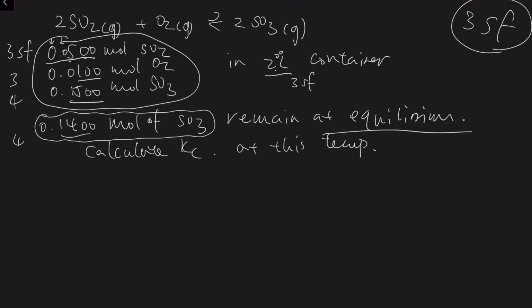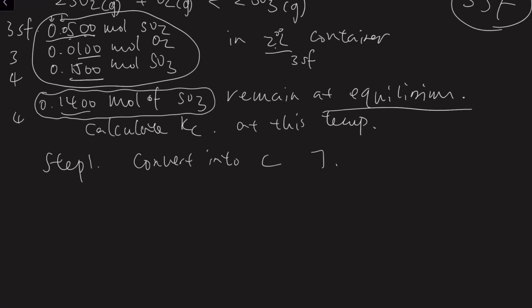So the first step, always remember the first step is convert everything into concentration. We do not care how many moles of this you have in your system. In order to use the concentration fraction or the equilibrium constant, we must convert everything into concentration. So this is your first step. Convert into concentration.